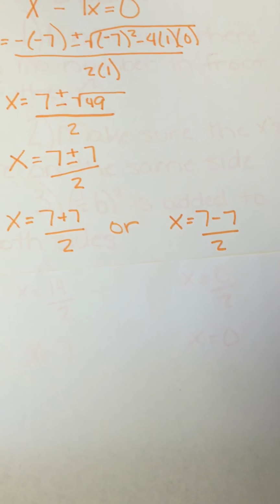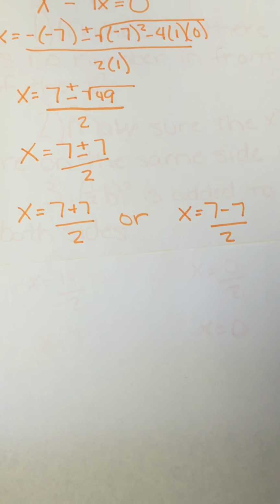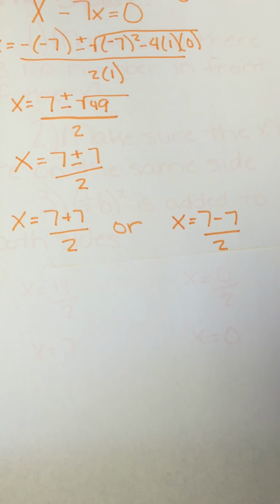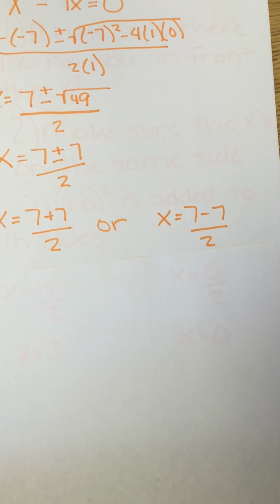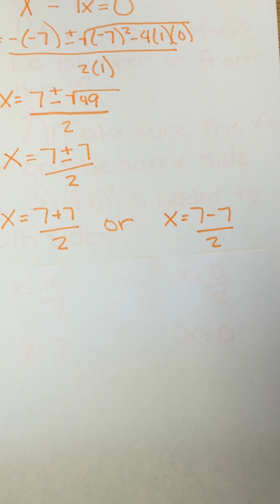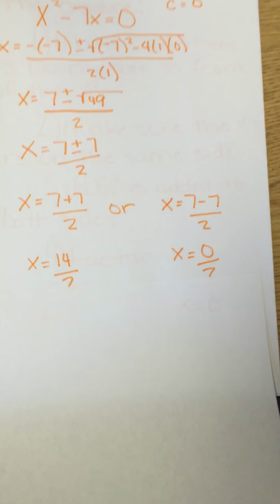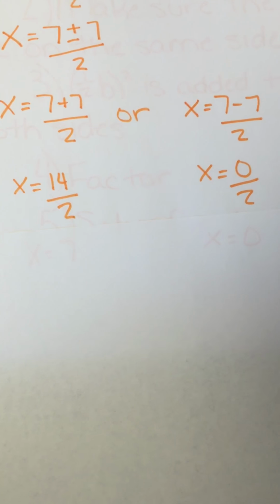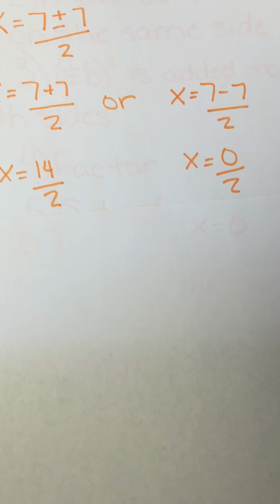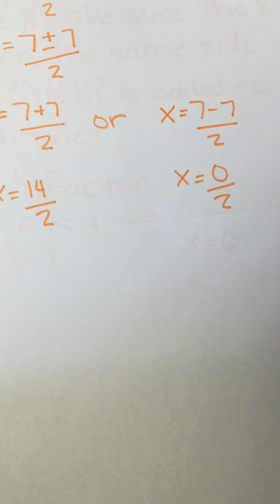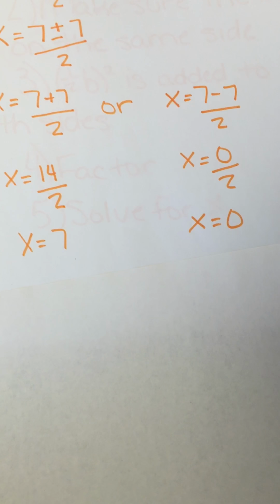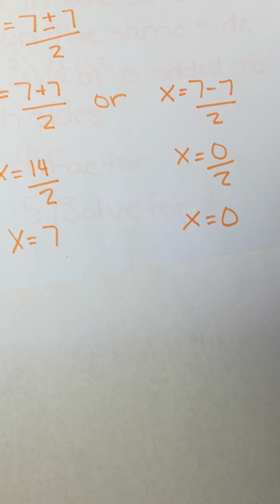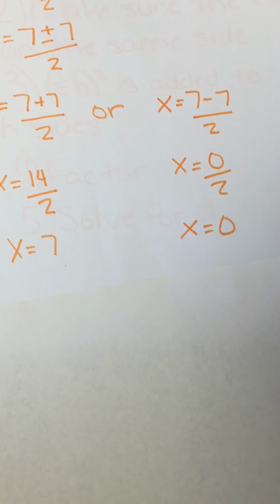Your two answers will be x equals 7 plus 7 over 2, or x equals 7 minus 7 over 2. When you reduce those, you get x equals 14 over 2 and x equals 0 over 2. Your final answers are x equals 7 and x equals 0.